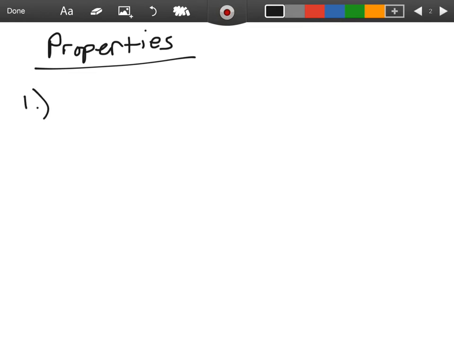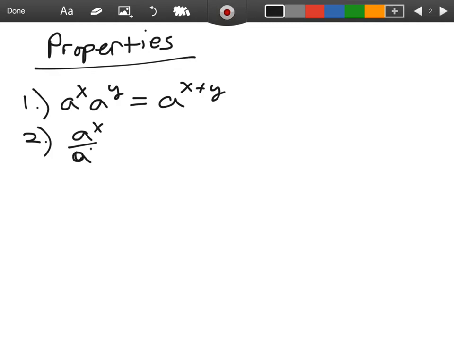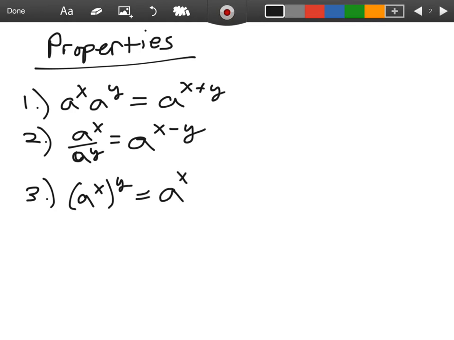Exponent properties, talking about combining exponents. If you have, say, something like this, it can be written as a to the x plus y. If you have this, I'm just going to go through and write all these and explain if I feel like it needs to be explained. On this one, it only can be distributed to each of those pieces individually if they are multiplied together, not added together.